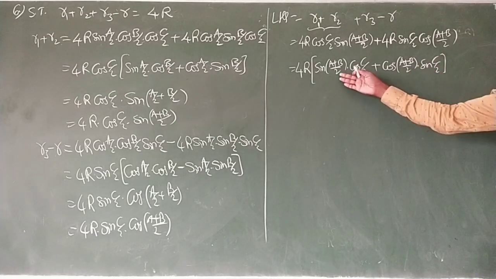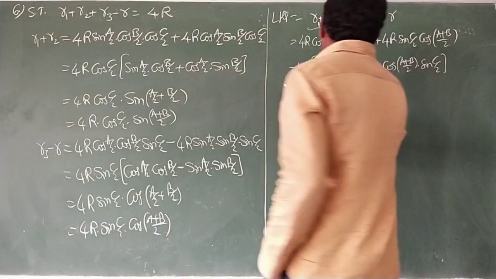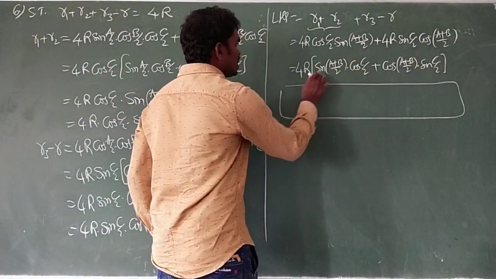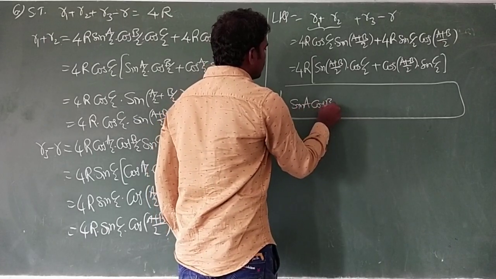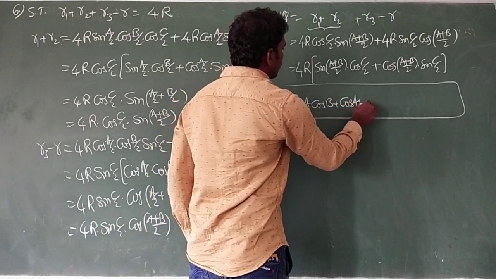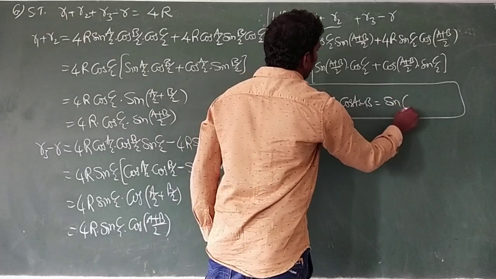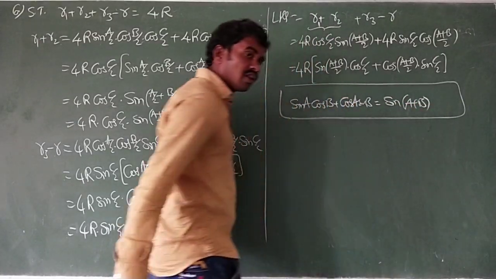Yes, now tell me which formula we can apply? Yes, the sin A cos B plus cos A sin B formula. Sin A cos B plus cos A sin B formula applied. That is sin of A plus B. Okay, very good.